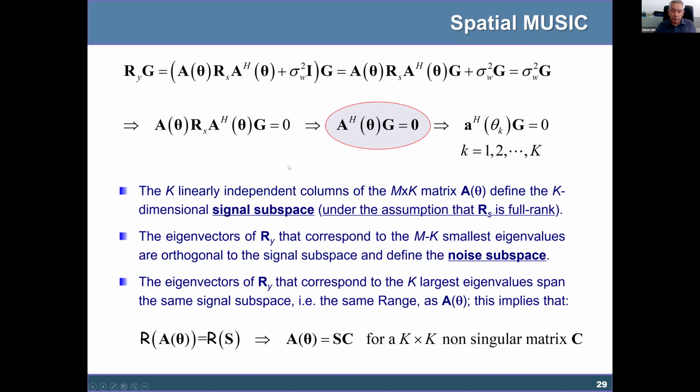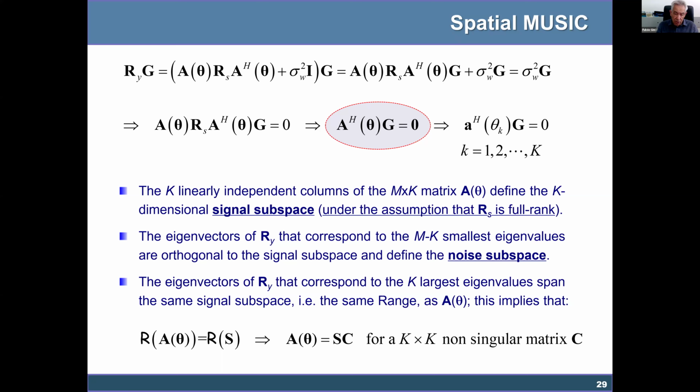So, in other words, all the K columns of the matrix A, of the steering matrix, generate the signal subspace, which is K-dimensional.